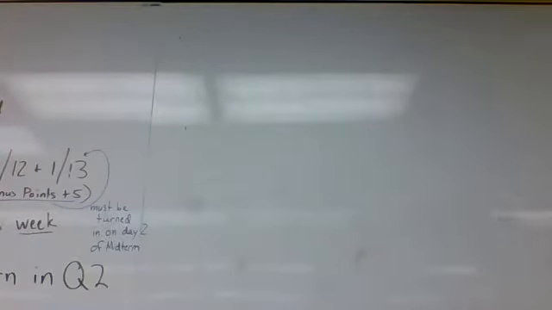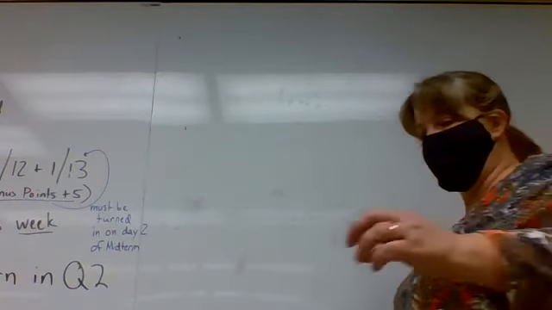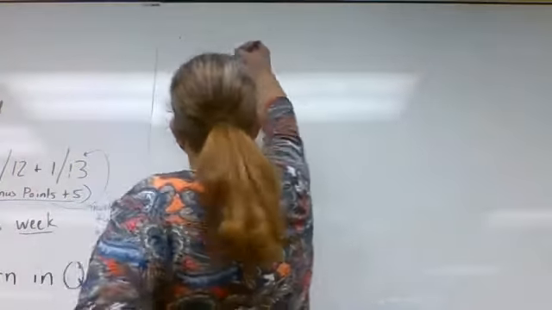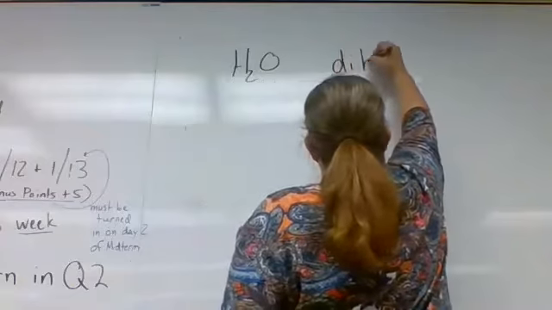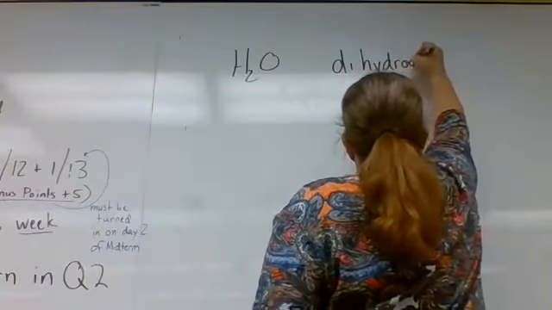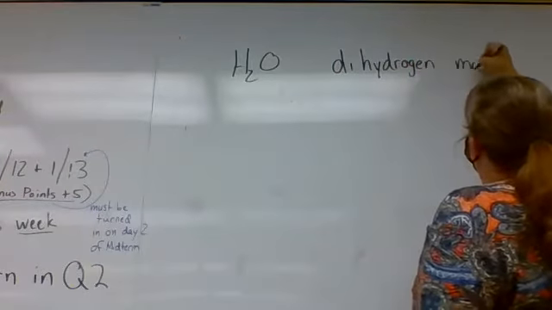All right, so all along we have been referring to these compounds just by the letters CH4, NH3, H2O, which we know is water, but that is not the true name of H2O. H2O has a scientific name called dihydrogen monoxide.